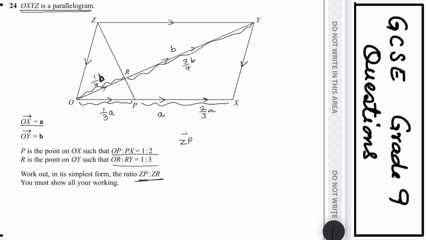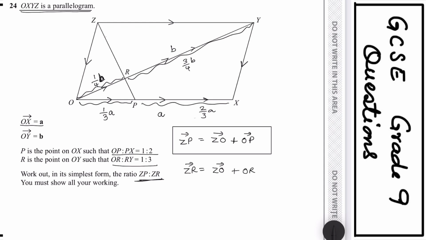So write the equations for both of them, ZP and ZR. So Z to P is equal to ZO plus OP. That's the first one in the ratio ZP, and the second one in the ratio is ZR. So the equation for ZR is ZO plus OR.